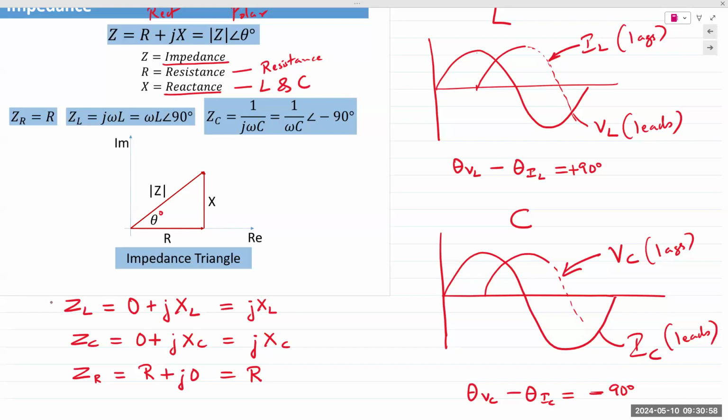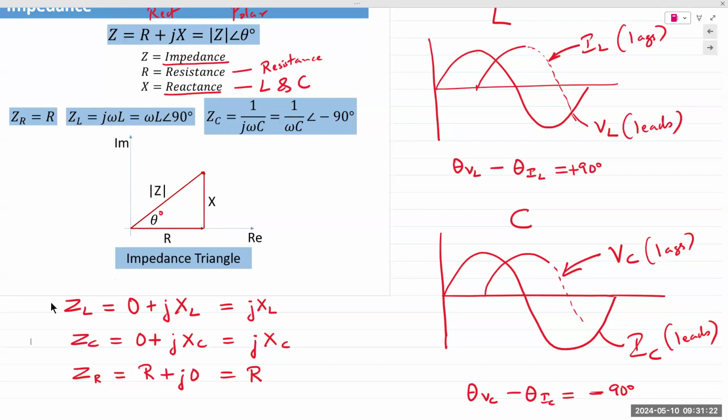Impedance is just a mathematical quantity that combines both resistance and reactance. The question being asked is what's the difference between impedance and reactance? In some cases, it would be one and the same, because for ideal inductors and ideal capacitors there is no resistance. So the reactance is the impedance.